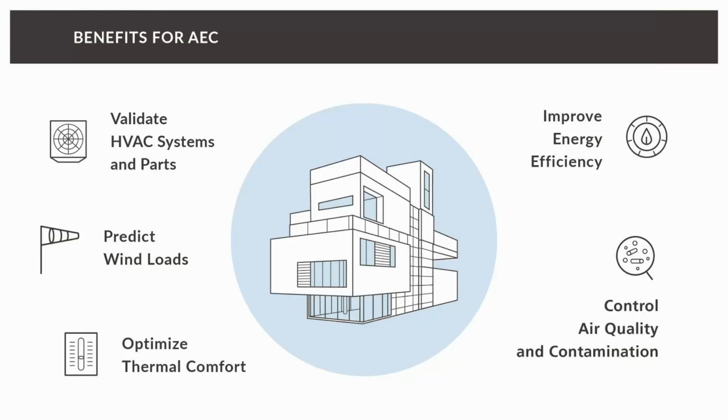But usually the SimScale simulation capabilities used for the building industry are fluid flow simulation. First of all, it's used to validate HVAC systems and parts, and this is what we also want to do today. So we are going to validate the airflow inside, for example, a ducting system or through a grill, and how it is interacting with the environment.